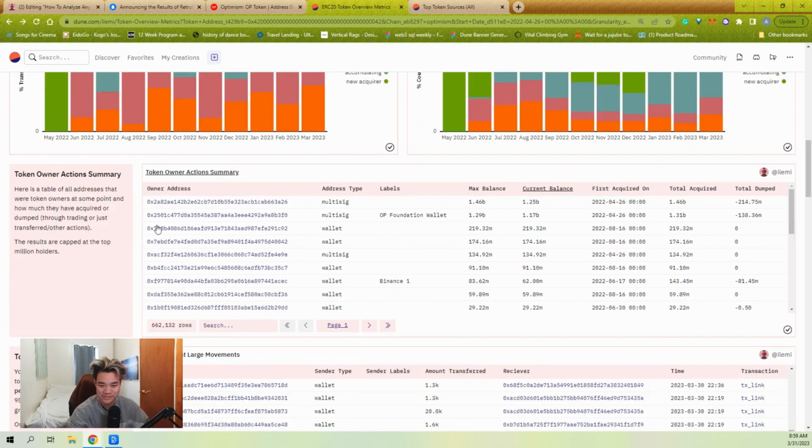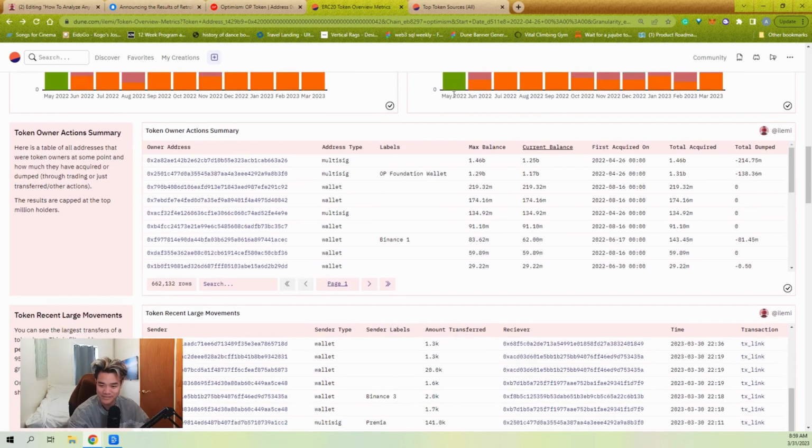We can also look at who's behind all these actions. So you can see a wallet's current balance, when they first acquired the token, how much total they've acquired, and how much total they've dumped. And I've put some wallet labels here. I think this one is also an OP Foundation wallet, but if I just wanted to see all OP wallets, for example, I would just type OP here.